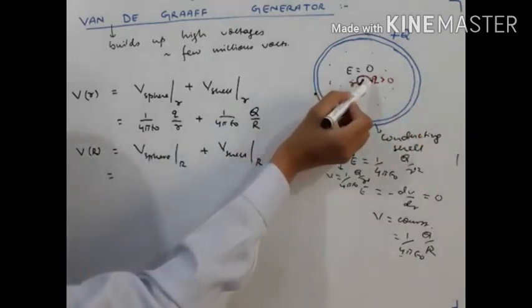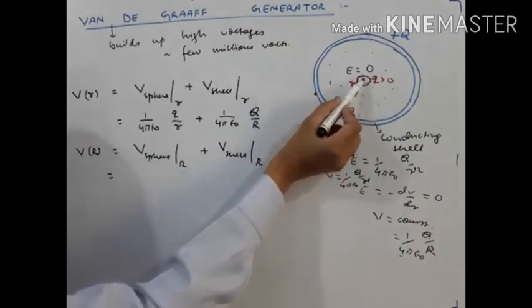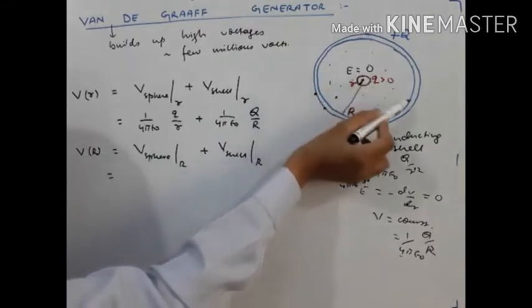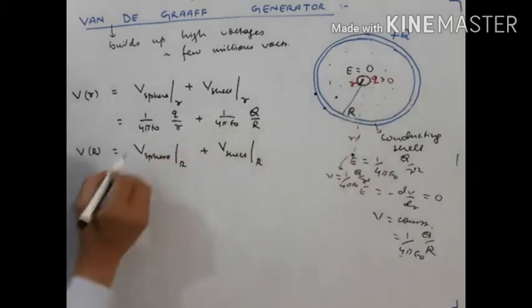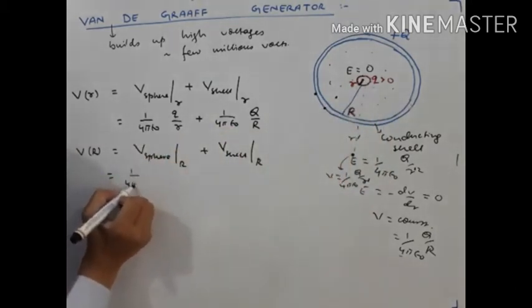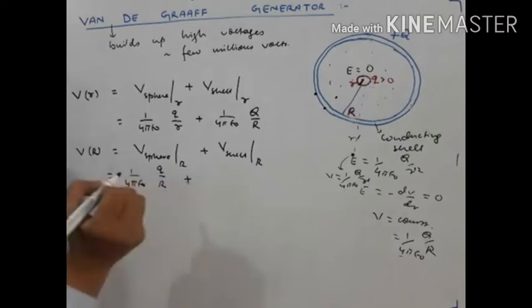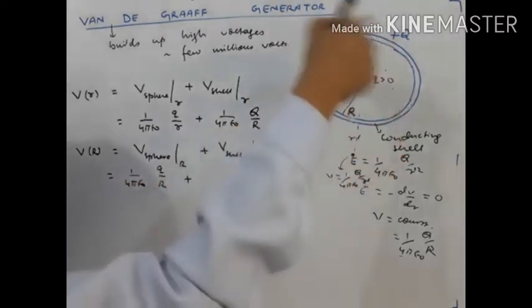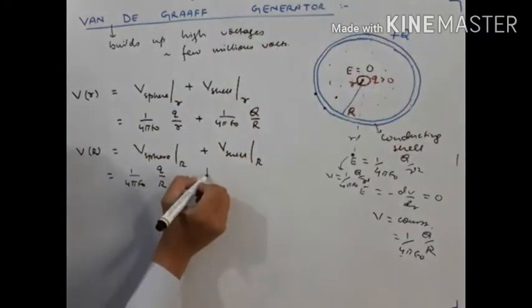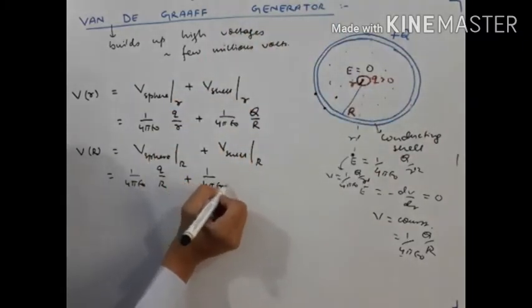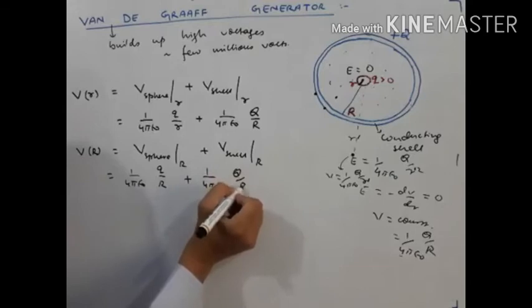What is the charge on this body? Small q. So imagine it at the center, and this point is at how much distance? Capital R. So the formula will be 1 by 4 pi epsilon naught small q upon capital R, plus potential due to this cell. So due to the cell on its surface, the formula is easy: 1 by 4 pi epsilon naught capital Q by capital R.